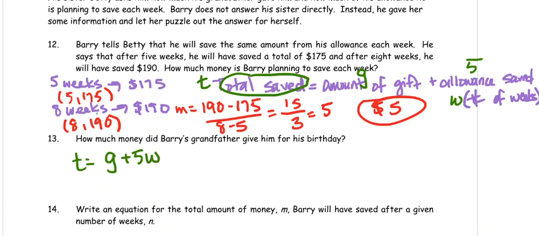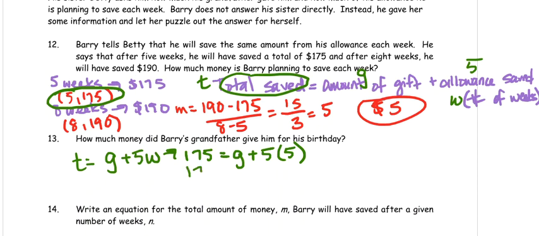And we do know something. We know 5 weeks is 175. So we're just substituting that back in there. So 175 is equal to G plus 5 times 5. We're trying to find our y-intercept here. That's what this is saying. So 175 is equal to G plus 25. Subtract 25. That means his grandfather gave him $150.